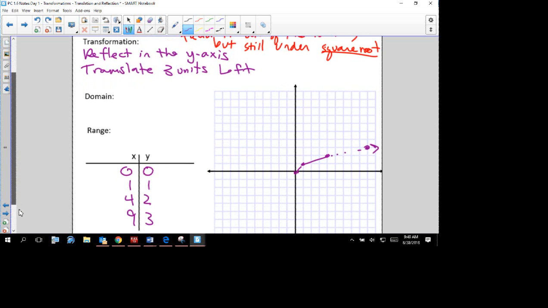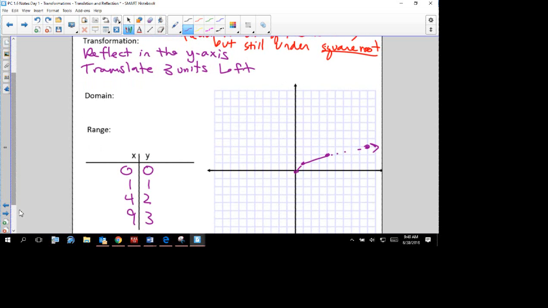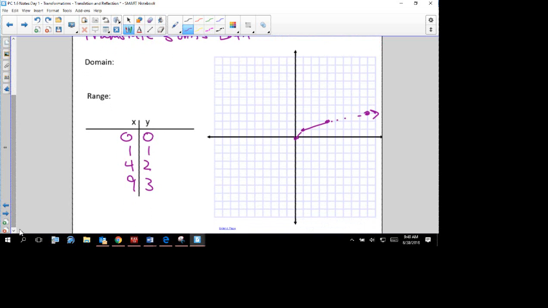So to our table, both are horizontal, so I do both to the x's. What do I do first? Do I multiply by -1 or do I subtract? Multiply by -1 first, then subtract 3.